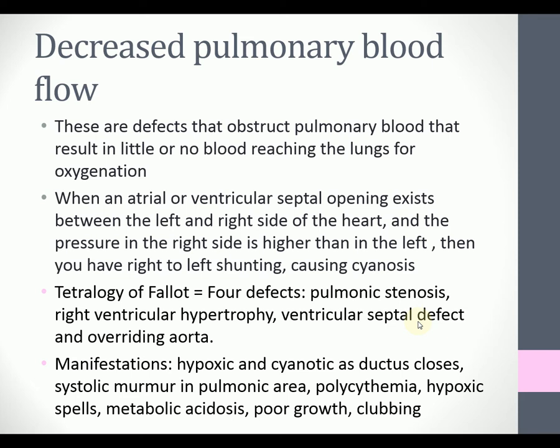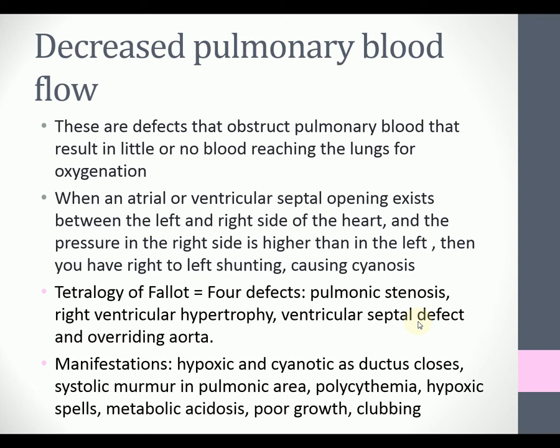And so some of your obstructed blood flows are the tetralogy of Fallot and tricuspid atresia. And the only one I'm really concerned about is the tetralogy of Fallot. Tetralogy of Fallot means that there are 4 defects there. So depending on our defects, it depends on how much blood flow we're going to see.